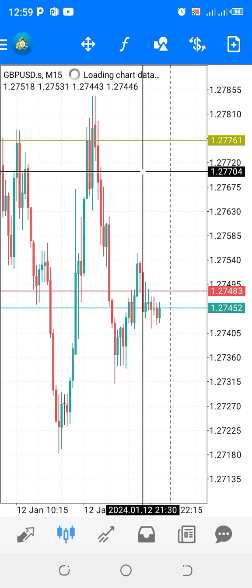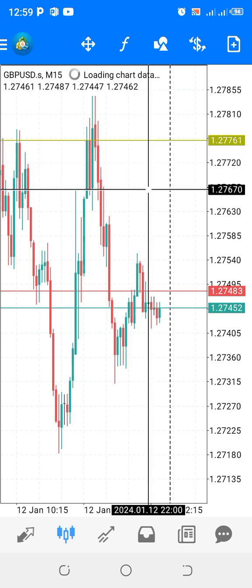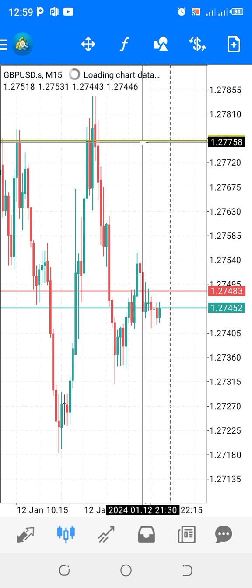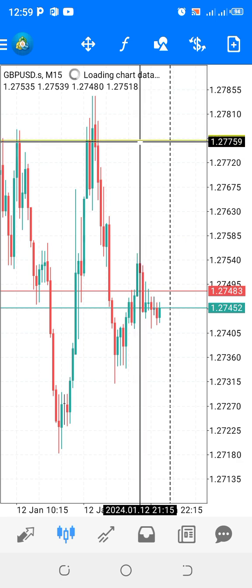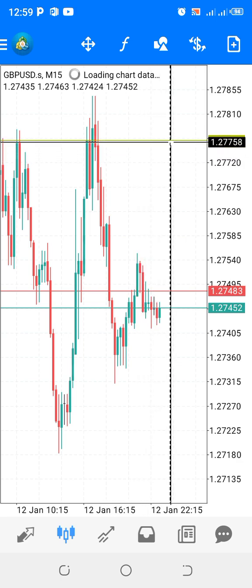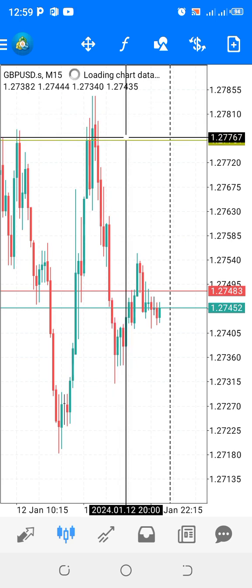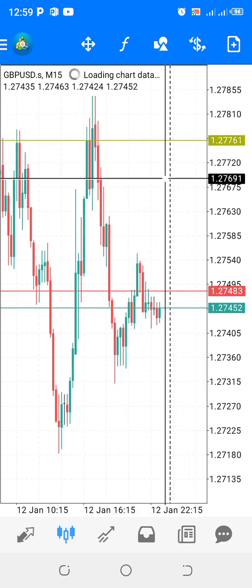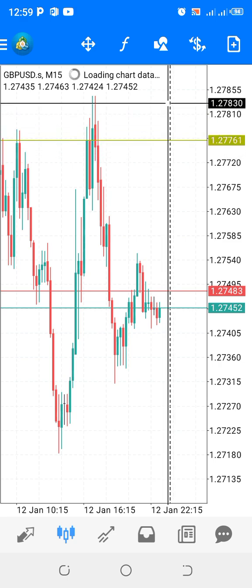Having done that, the next thing to do is to place your first sell or your first limit order. In this case, it is a sell limit because this was a bullish string that broke. So a sell limit order at this very price, 1.2776, and another limit order at 6 pips above this price, that is 1.2782. So that will be the next entry price.